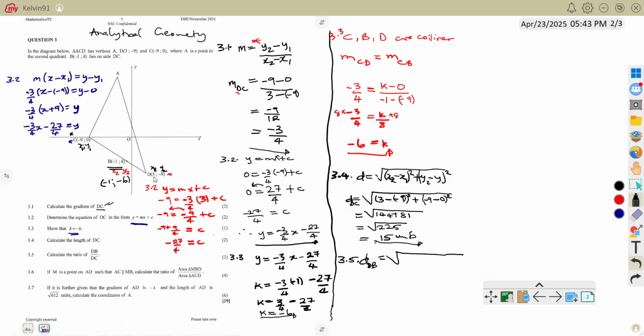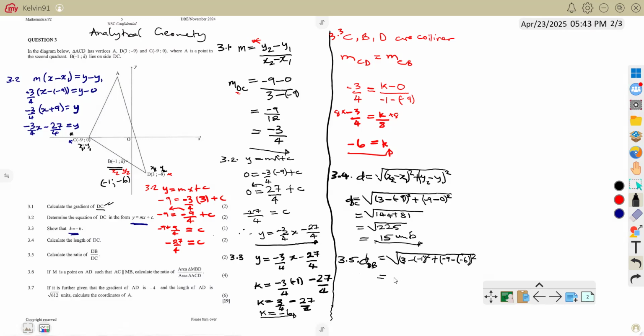So it's going to be 3 minus -1, then plus here it's -9 minus -6, then squared.